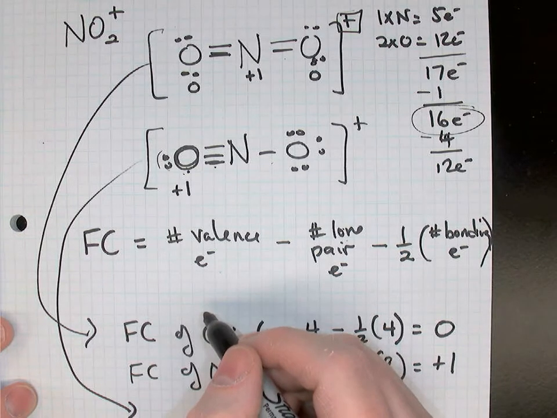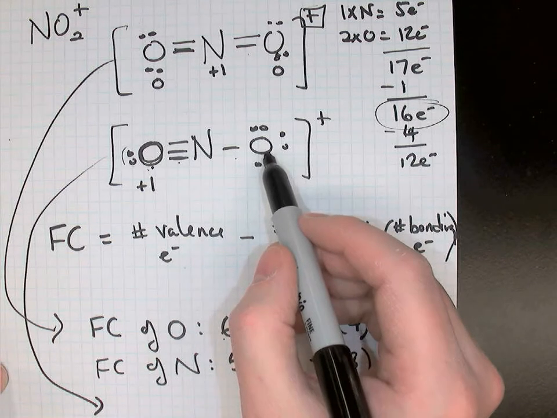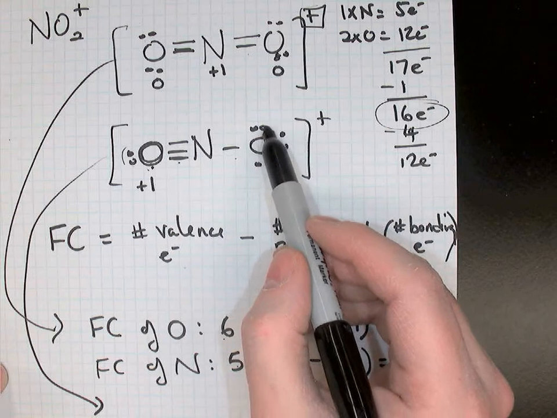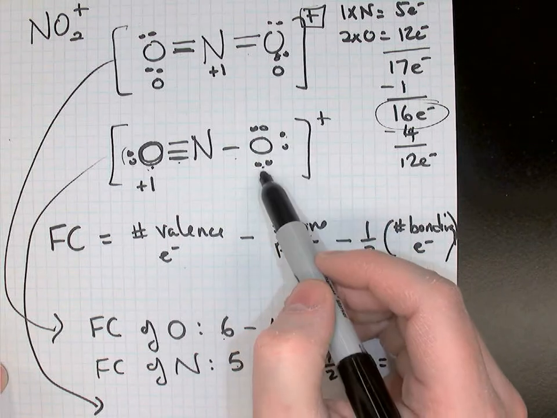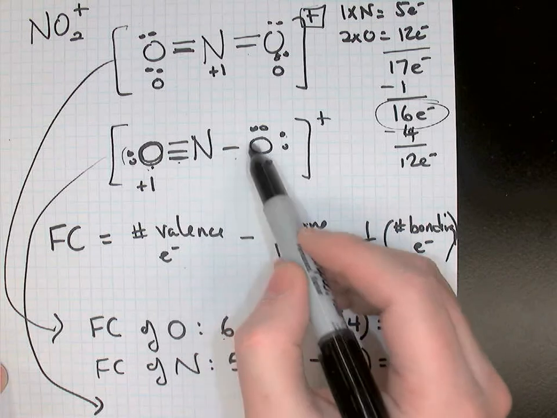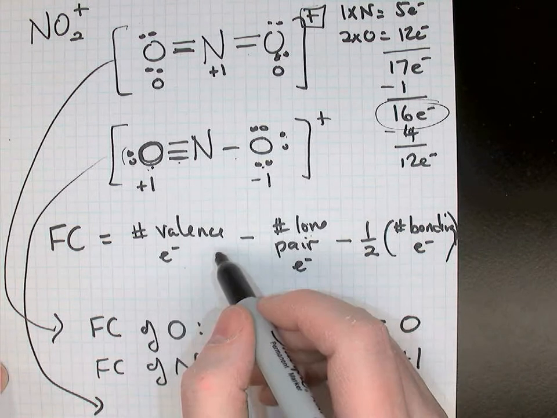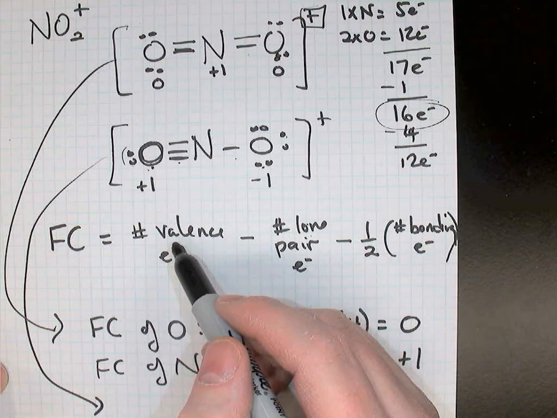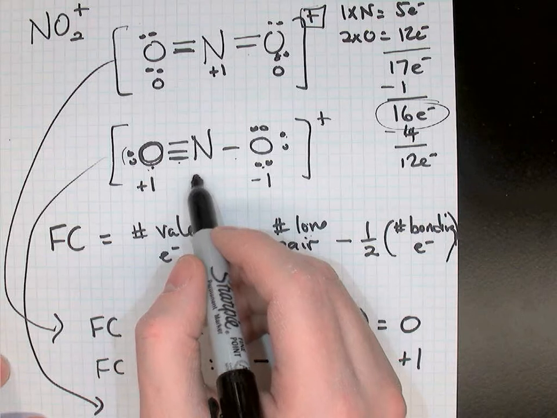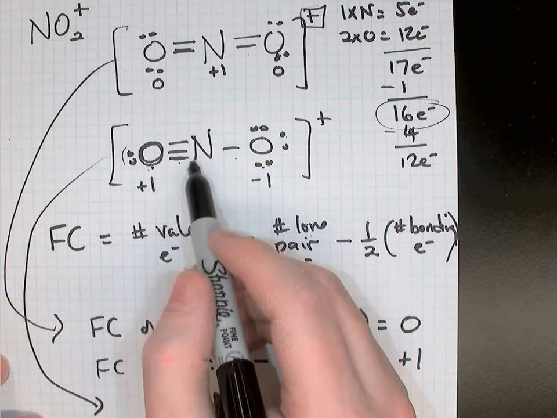If we do the same calculation for the other oxygen, it brought 6 valence electrons to the molecule. 6 take away 2, 4, 6, the lone pairs, is 0. And then minus half of 2, this bonding pair, would be minus 1. So we have plus 1 and minus 1. The nitrogen in the middle had 5 valence electrons, minus 0 lone pair electrons, minus half of 2, 4, 6, 8.